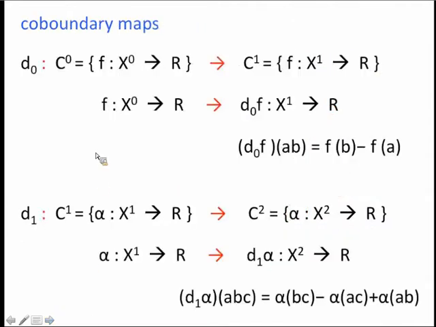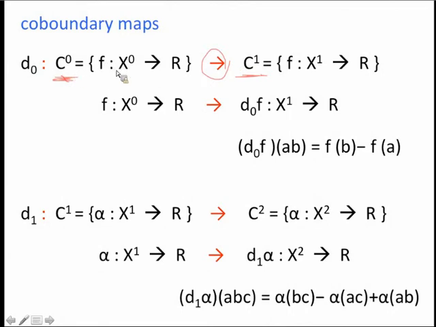Okay. So then we have our coboundary maps. The difference with cohomology is we reverse the direction of the arrows. We go up in dimension.